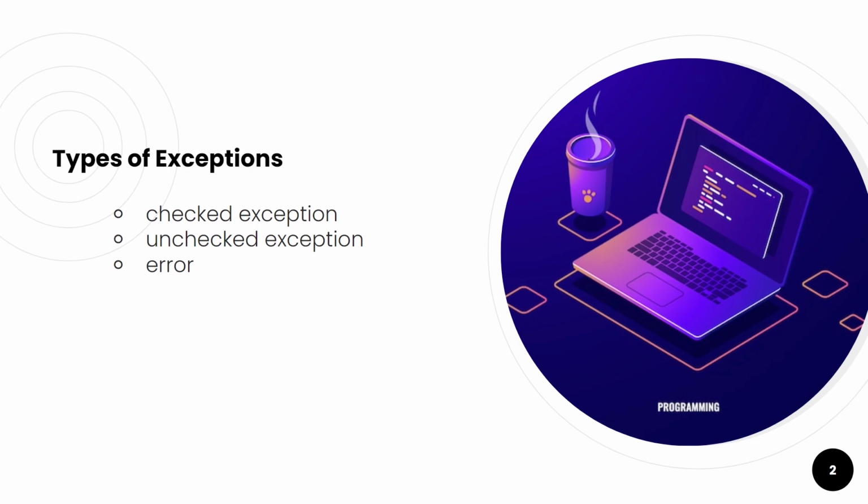Unchecked exception: the classes that inherit the RuntimeException are known as unchecked exceptions. For example, ArithmeticException, NullPointerException, ArrayIndexOutOfBoundsException, etc. Unchecked exceptions are not checked at compile time but are checked at runtime. Error: error is irrecoverable. Some examples of error are OutOfMemoryError, VirtualMachineError, AssertionError.